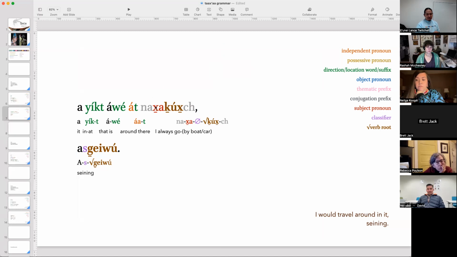But what's really interesting is you could have a verb, and it means I used to. It's an interesting verb the way that it works, but technically it does mean happens all the time. And here we have na, kha is me, kuch is the root, and then ch is the suffix. I think I have a different color for the suffix now, so we'll fix it in post. Asqaywu. This is a verb for seining.